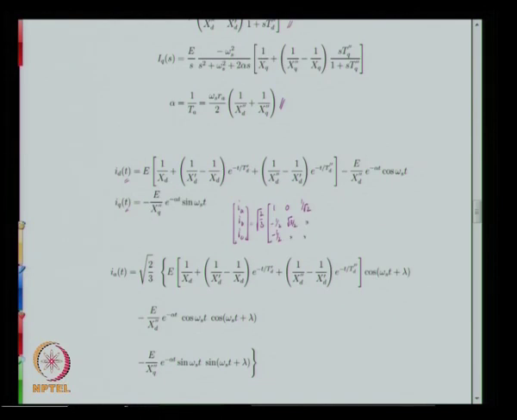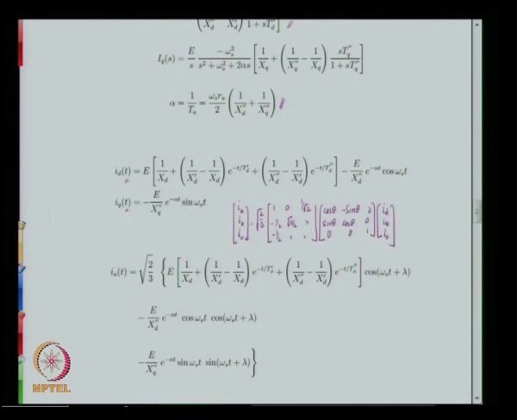You have other numbers here, and then cos theta, minus sin theta, and cos theta, 0 0 and 1, and then you have here id, iq and I0.